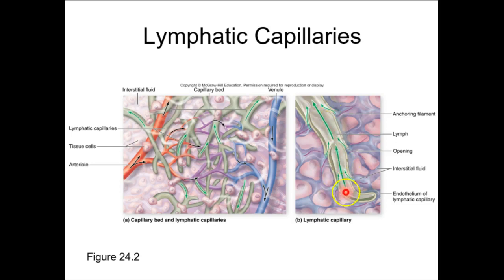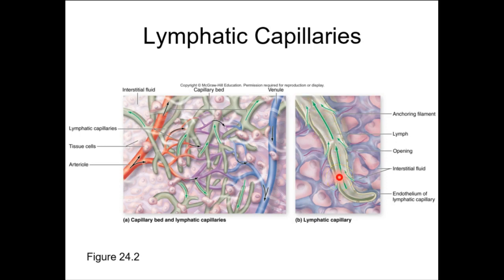And you're going to have at this very, very microscopic layer these physiological valves made by these overlapping single squamous cells. So as interstitial fluid is found in this interstitium, it's going to be easy for that fluid to go in, but once this lymphatic vessel is filled, it will compress the edge of the cell such that it will shut that valve. So even at the microscopic layer, you have physiological valves.